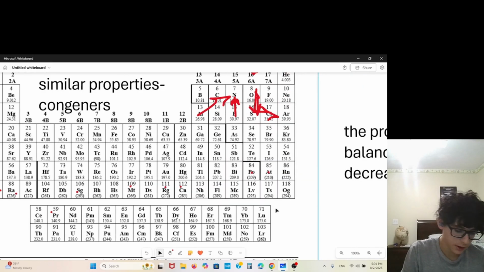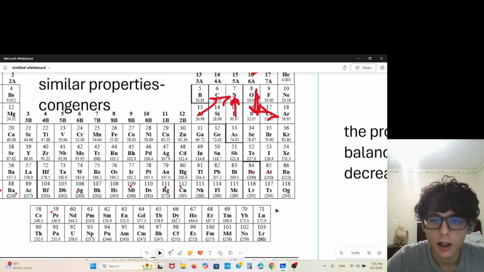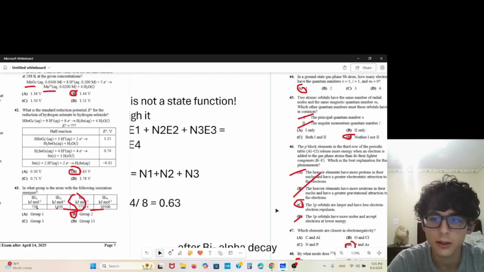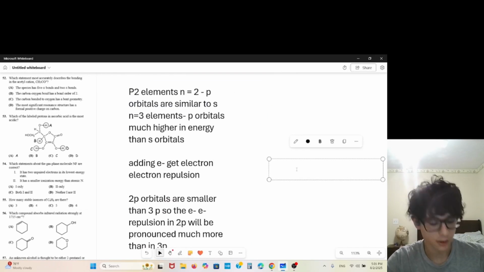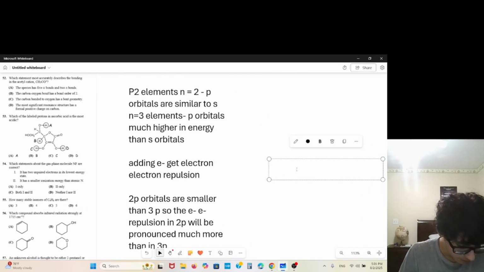The actual configuration for gold is going to be, let's figure this out together. I have my printed table here, but you're going to see that it's off from xenon.